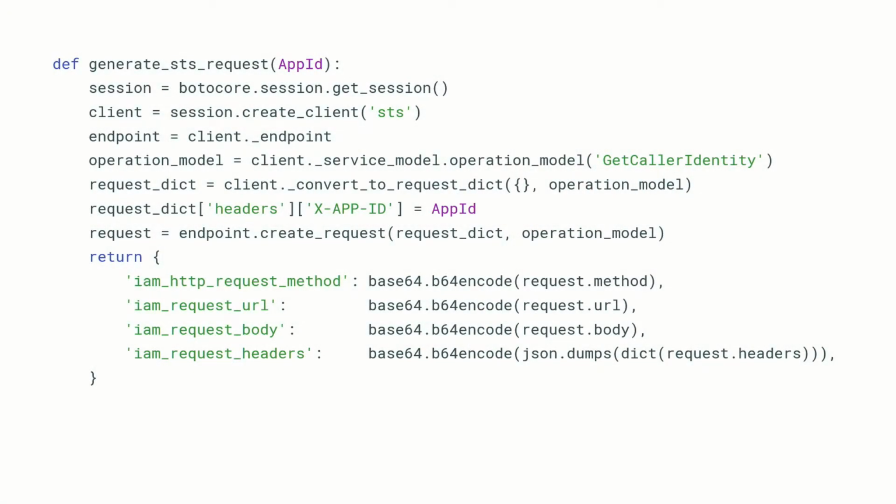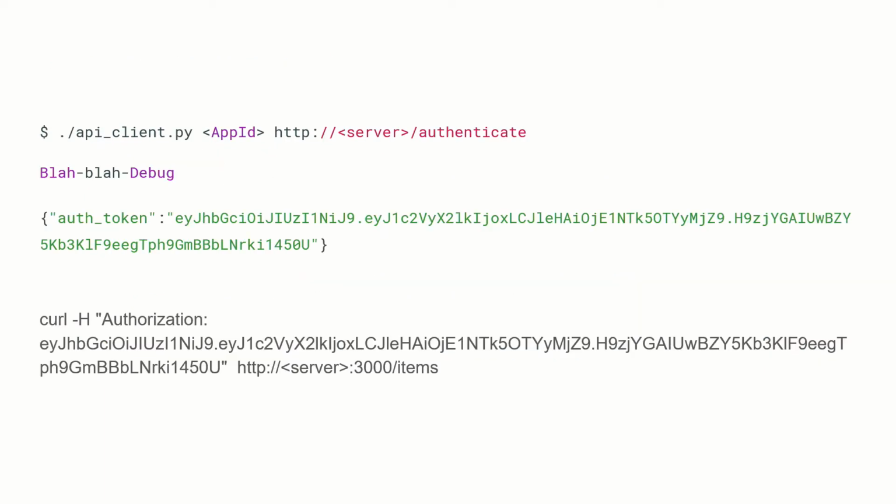How the Vault guys are doing this, they have the server hostname here, and then nothing special, you just encode it as base 64 and send it out. It works very easily: provide the application ID, provide the URL, get your token. You can use this token with curl. Very, very simple.